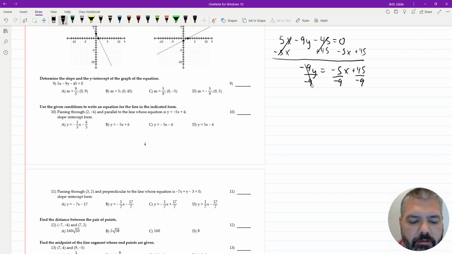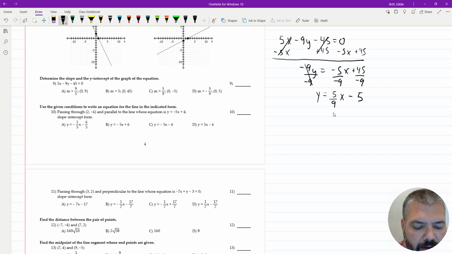So when I do that, I have y equals, this is negative 5 over negative 9. So that's 5 over 9. Negative divided by negative is a positive. And then positive 45 divided by negative 9 is going to give me negative 5.